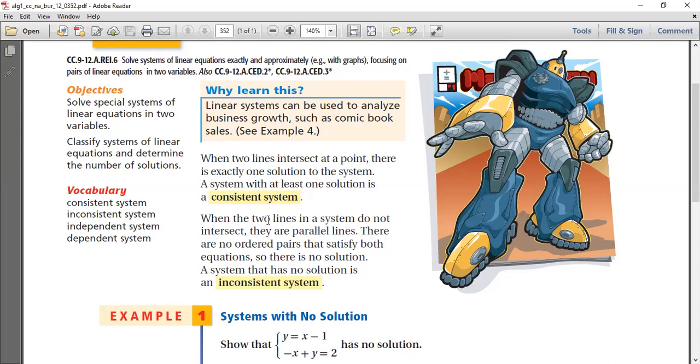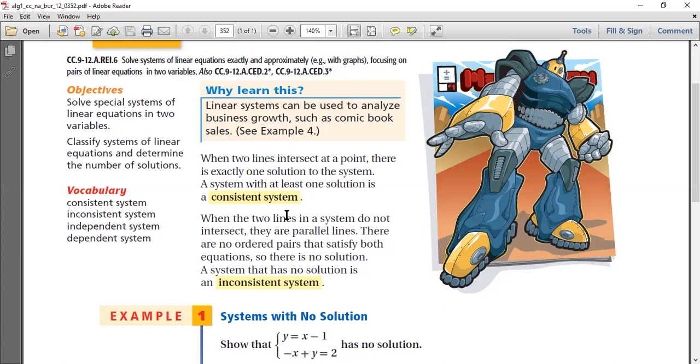Now, when 2 lines in a system do not intersect, the lines which are not intersecting are called parallel lines. When they are parallel lines, there are no ordered pairs that could satisfy both the equations. So there is no solution. Just think, you're drawing 2 parallel lines. Where do you think they will meet? The basic definition of parallel lines is that they don't meet each other, they don't cross each other, right?